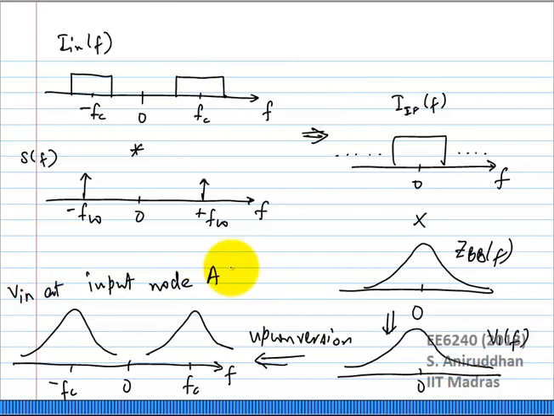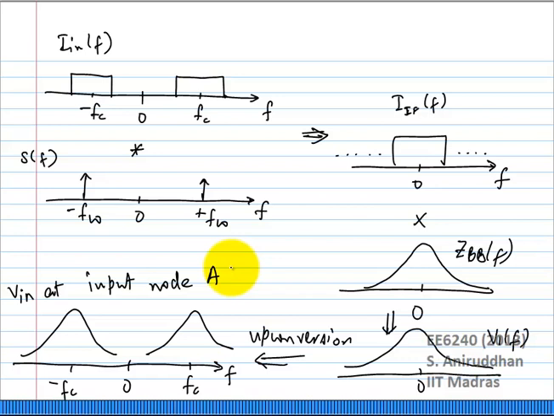So now what has happened is the frequency response of ZBB of f has now been upconverted to a similar, or slightly different, behavior at the carrier frequency. So in other words, for example, if in this case ZBB of f has a low pass behavior, right? However, at your RF frequency you get a band pass behavior.